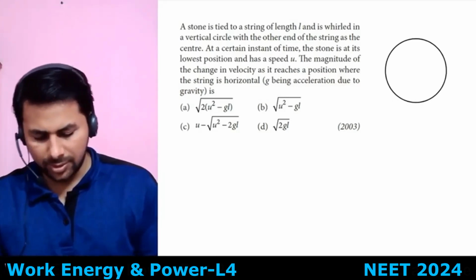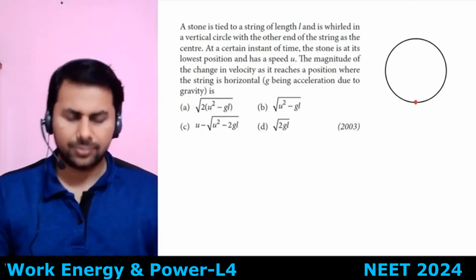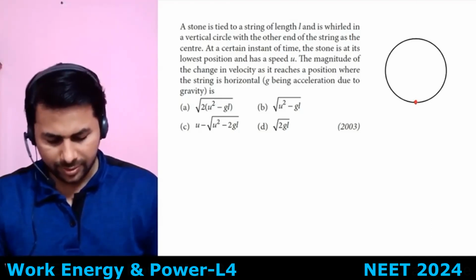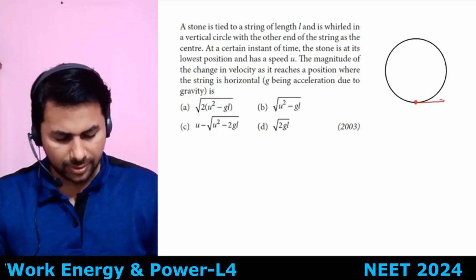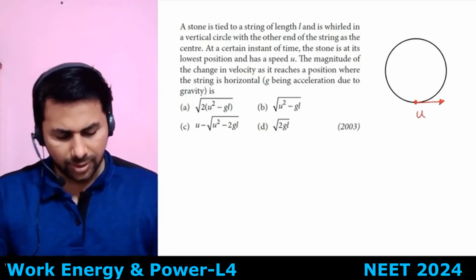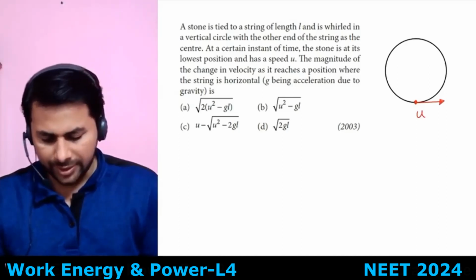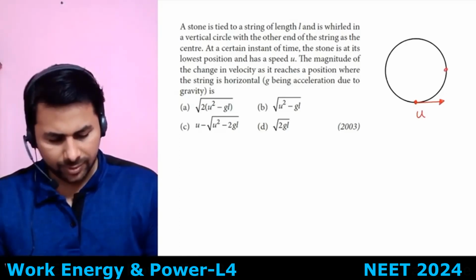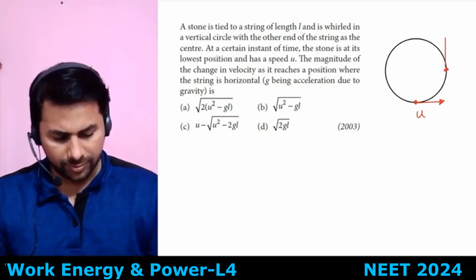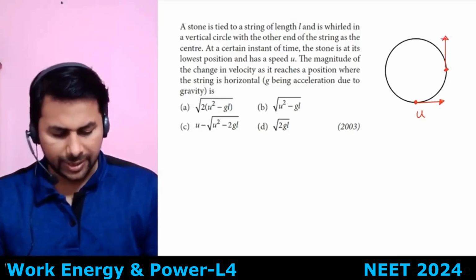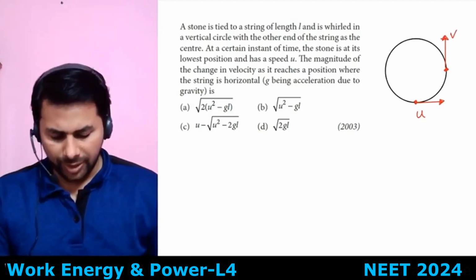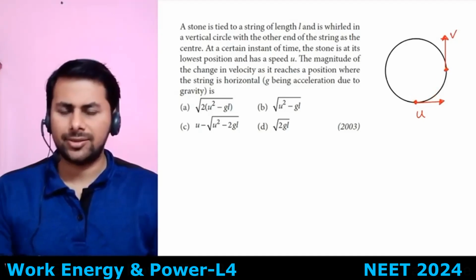So you have u, which is here at this point. This is u, and when the string becomes horizontal, you have v. v will be directed like this. What will happen? Will the speed increase or decrease?